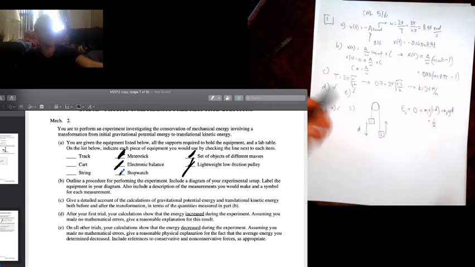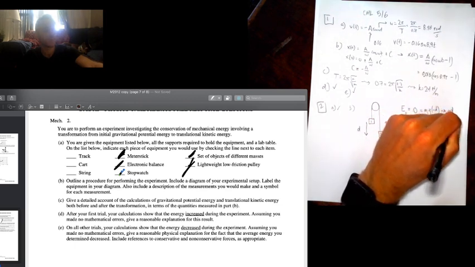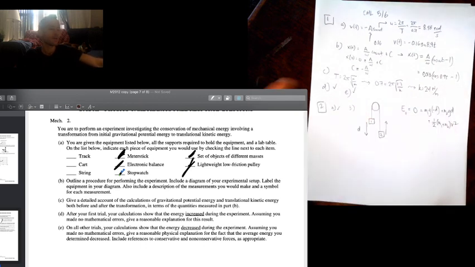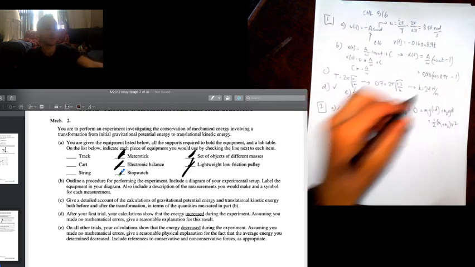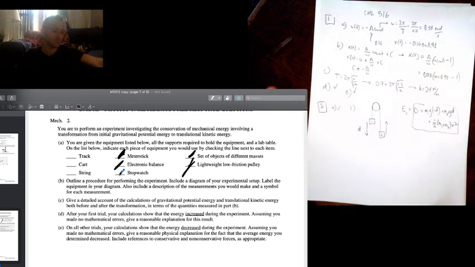So there's a kinetic energy term, 1/2 (m1 plus m2) v squared. So basically my procedure would be to see, is this equation in fact true? Okay. C, I just did part C.